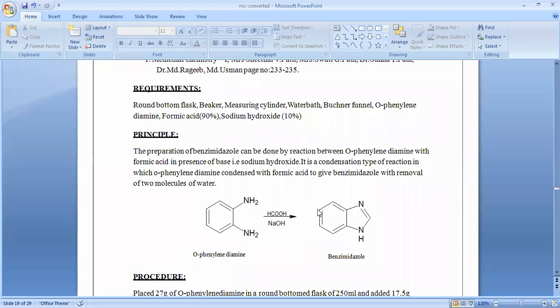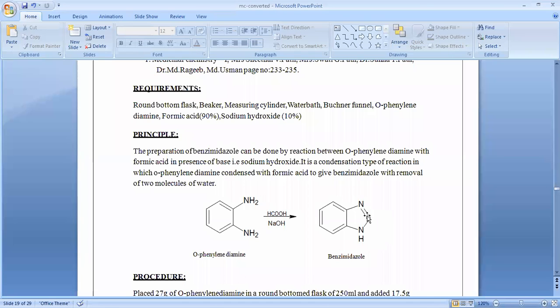So what happens? This is a condensation reaction of formic acid with orthophenylenediamine, in which the orthophenylenediamine, this being its structure, condenses with formic acid in the presence of sodium hydroxide. Simply, one carbon atom is made available by the formic acid, and this closes the ring.